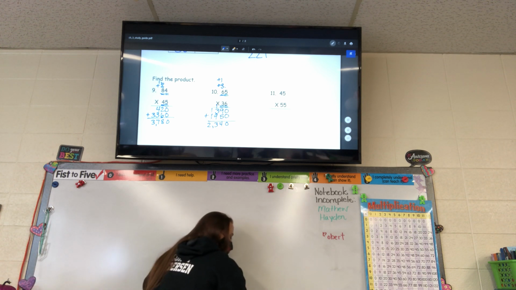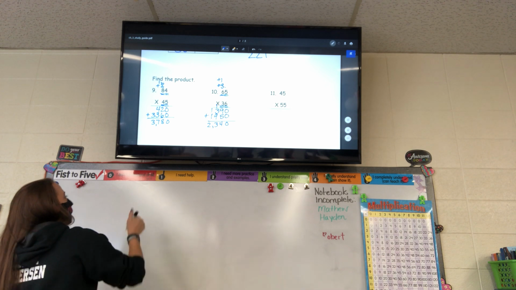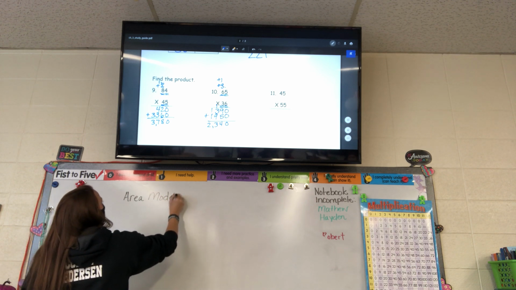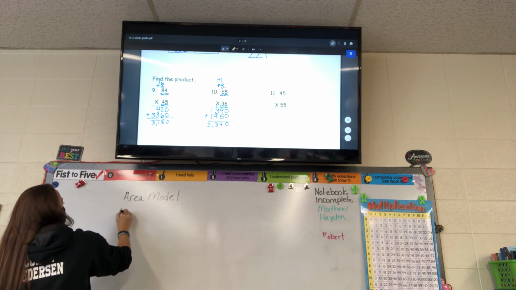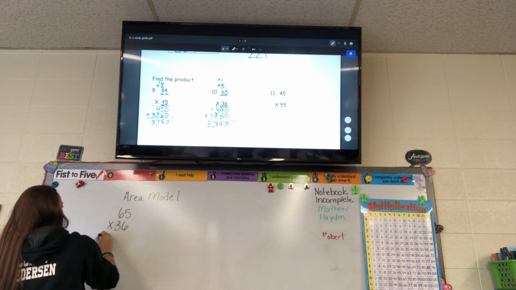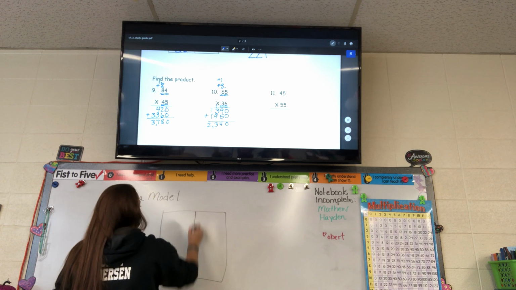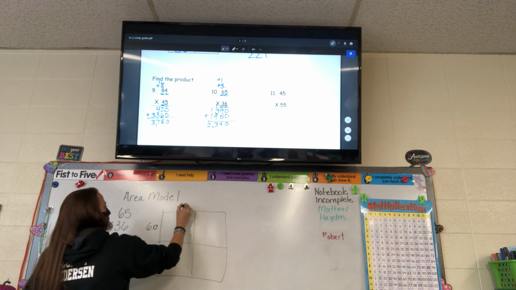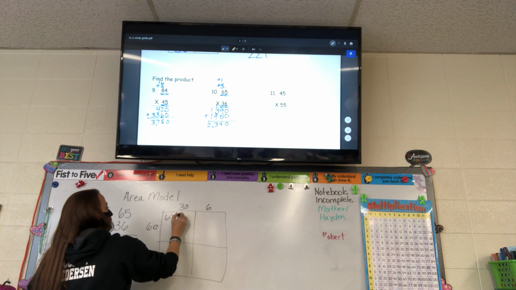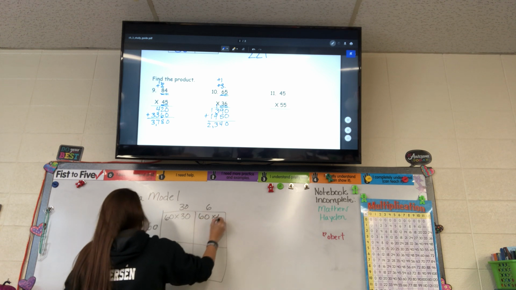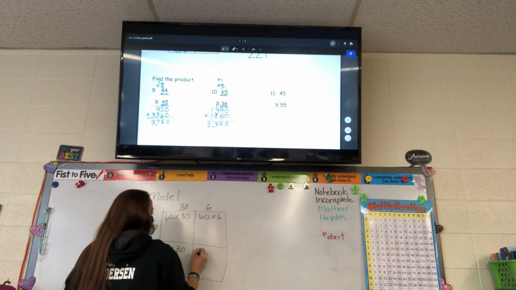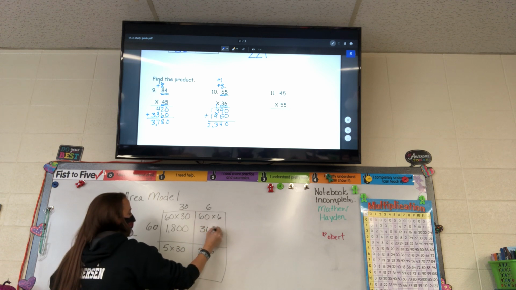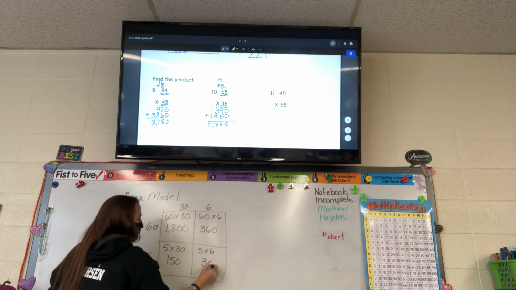If you are choosing to do the area model for 65 times 36, we're going to make a box, 4 sections. 65, 36, 60 times 30, 60 times 6, 5 times 30, 5 times 6, and then we're going to solve those and get those 4 answers.